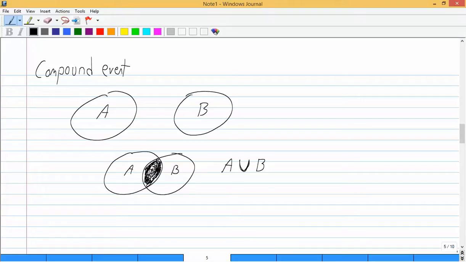Okay? So this part right here where they are the same, that's called the intersection.